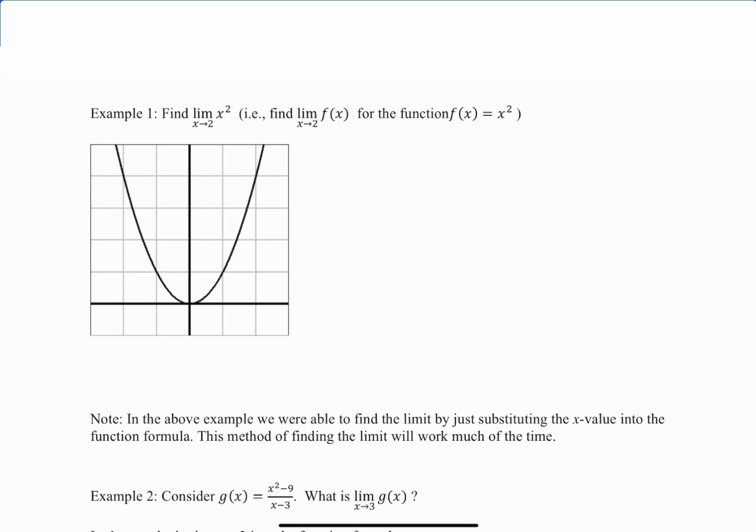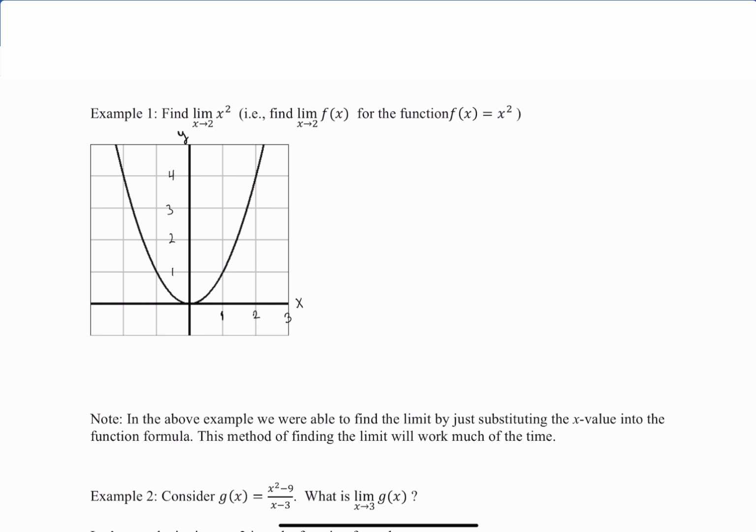Let's label our axes, and let's indicate the scale. So this is 1, 2, 3 on the x-axis, and 1, 2, 3, 4 on the y-axis. It's important to always do that. Let's label our graph.